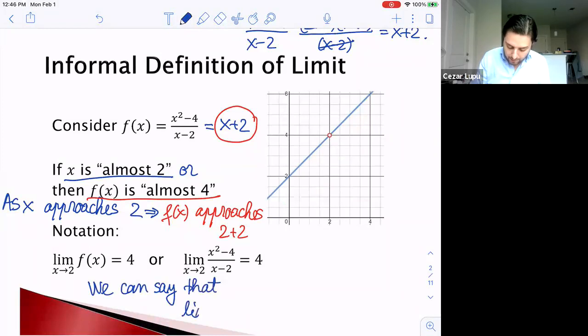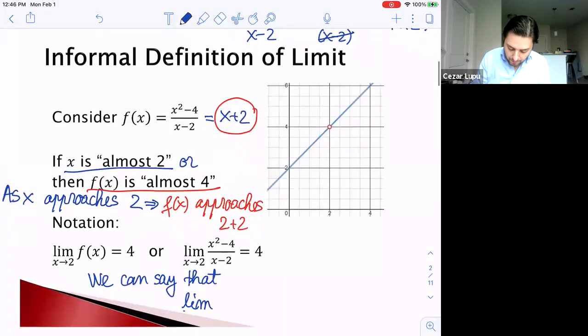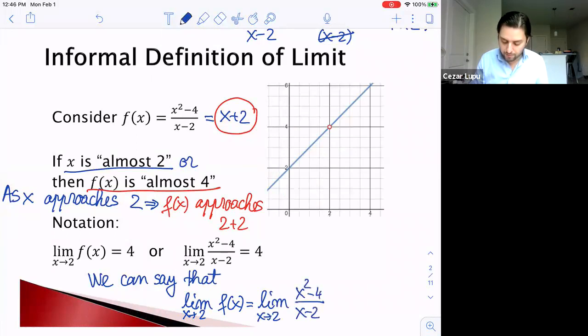The limit as x approaches 2 of f of x, keep in mind that f of x is x squared minus 4 over x minus 2, so it is the limit as x approaches 2 of x squared minus 4 over x minus 2.